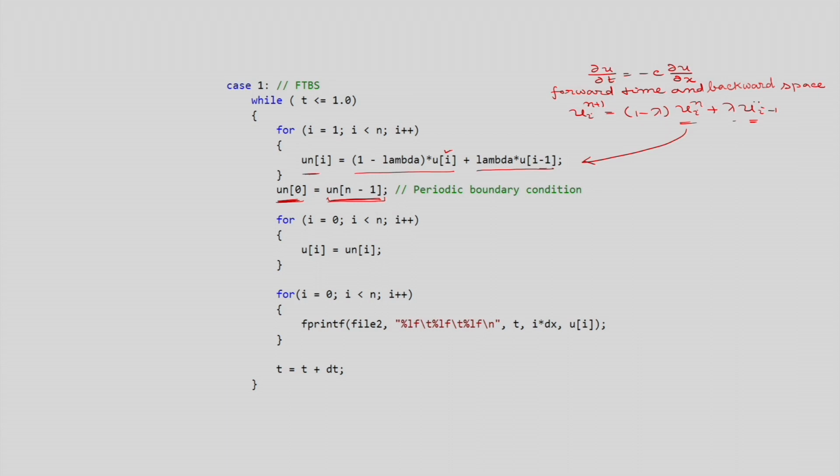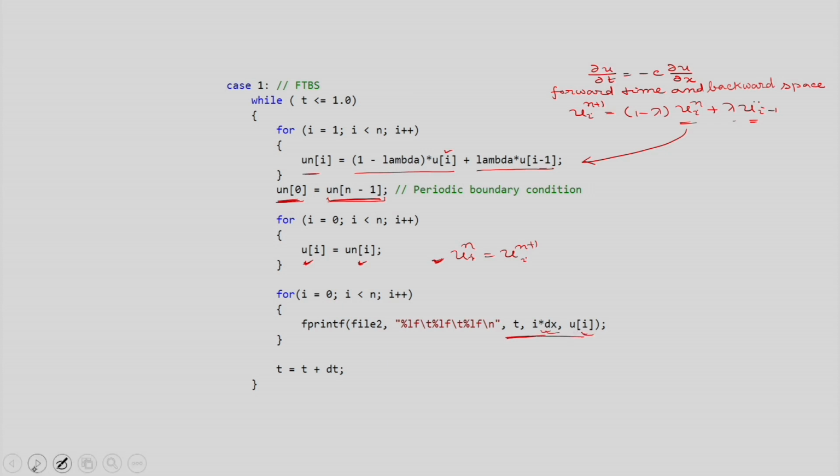Now we have saved the new value in the old value u i, because for the next time step we need to use it. We have printed the values of t, space and velocity in a file.